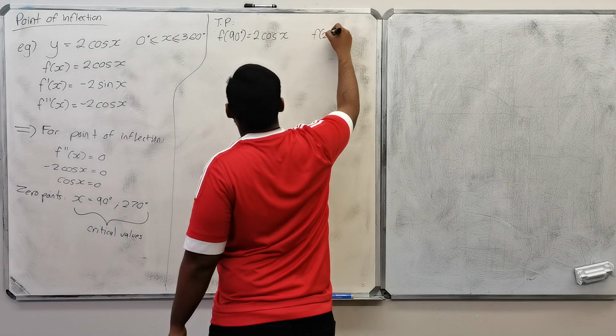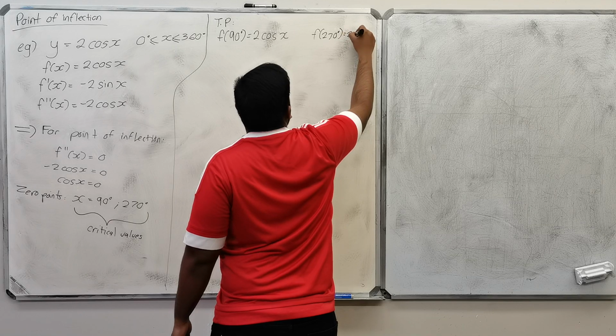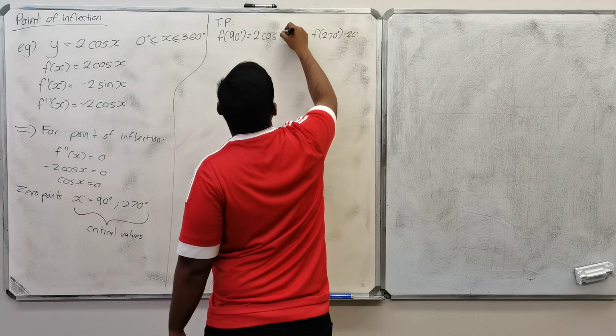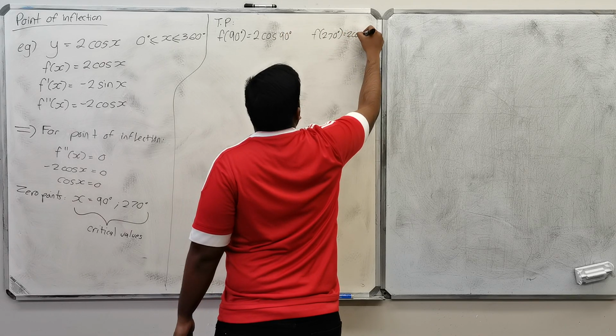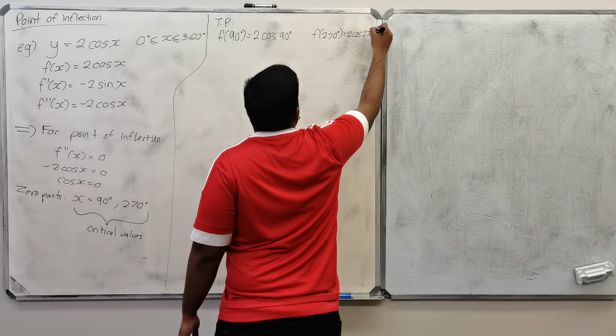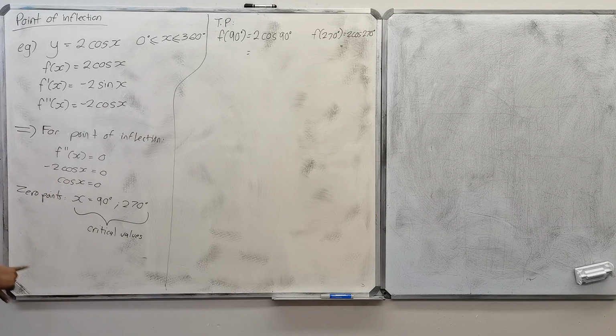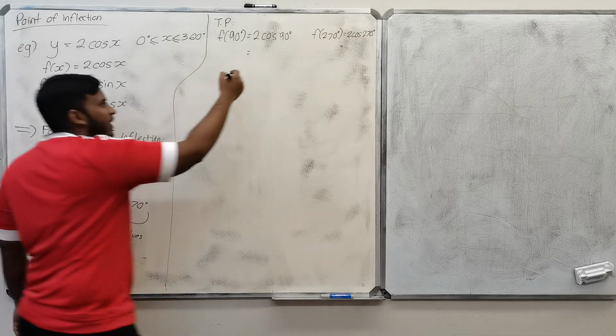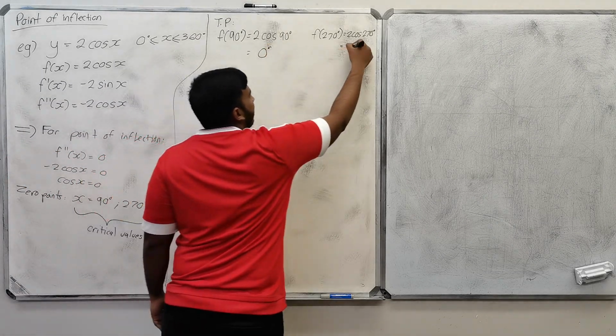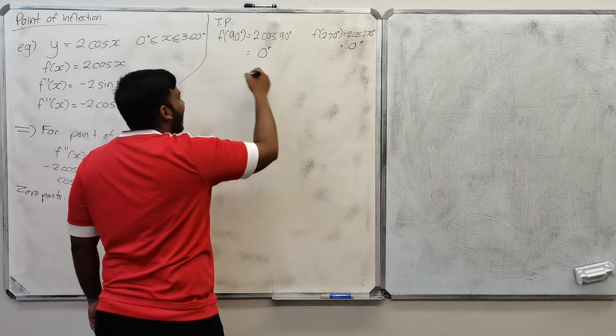Before you use your calculator, what's the answer? It's 0. It's called the zero point, right? Because it's on your x-axis, your y value is 0. So these two values would be 0 and 0.